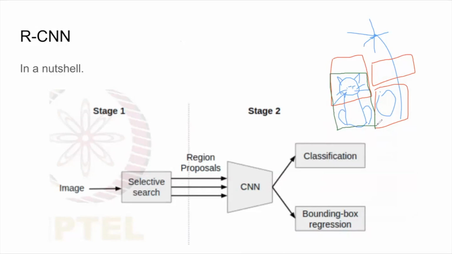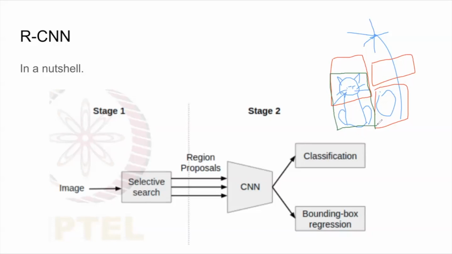So if there's a cat, a human would think that, okay, there is a cat in the image and the cat is present here, the green box. But if you look at the box that is given by the region proposal, it is red, right?